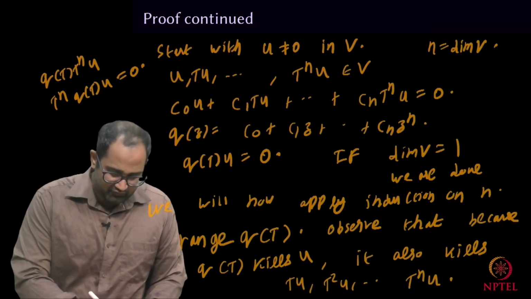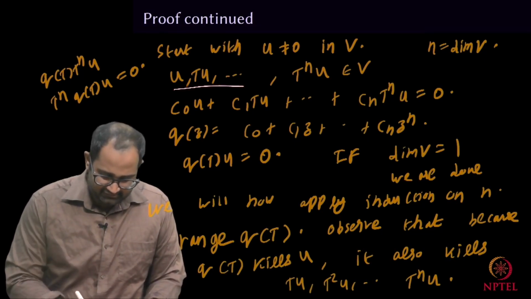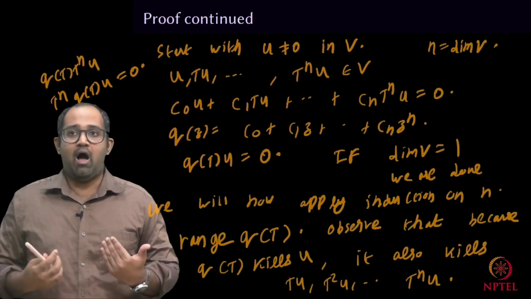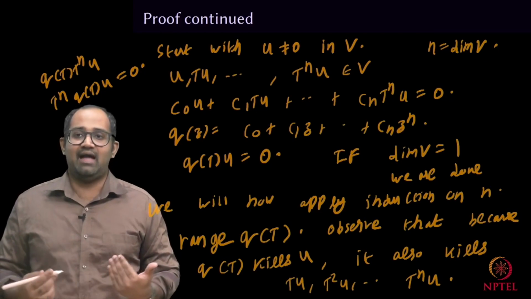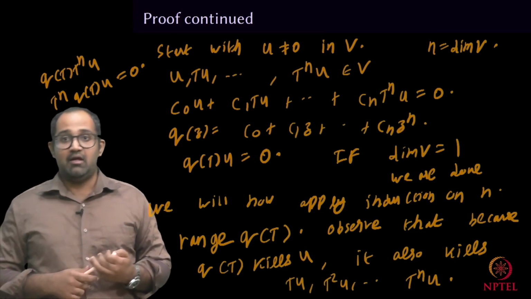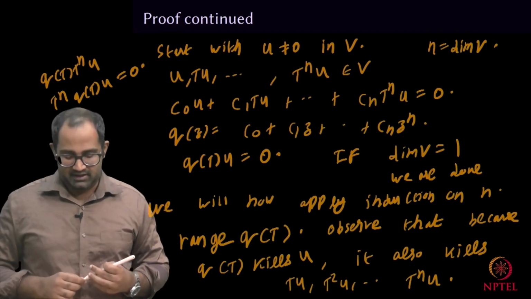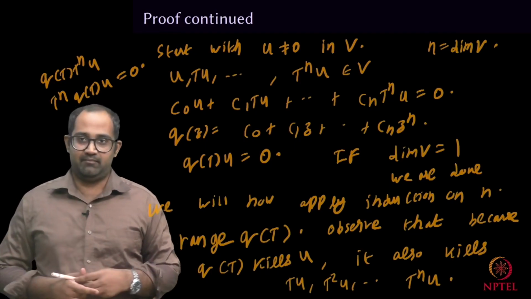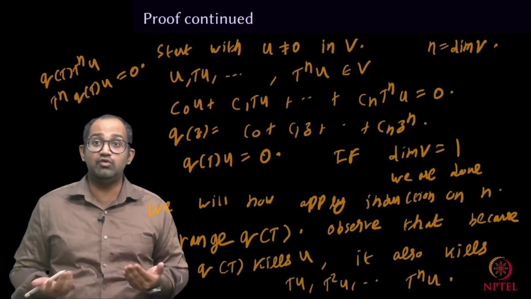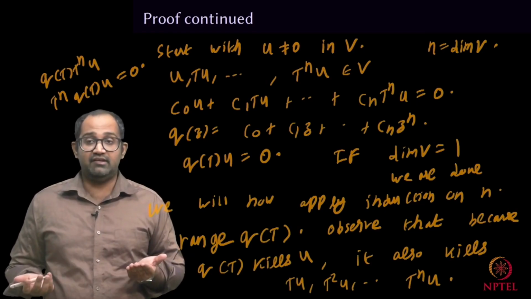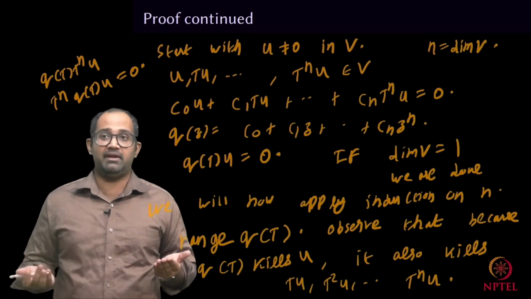The first line of the proof merely says that if you go up till t power n u, then you're guaranteed to get linear dependence. But it could be the case that you already got linear dependence much before you reached n. For instance, you could be in the kernel, in which case t of u is already 0. So you could have gotten linear dependence long before.